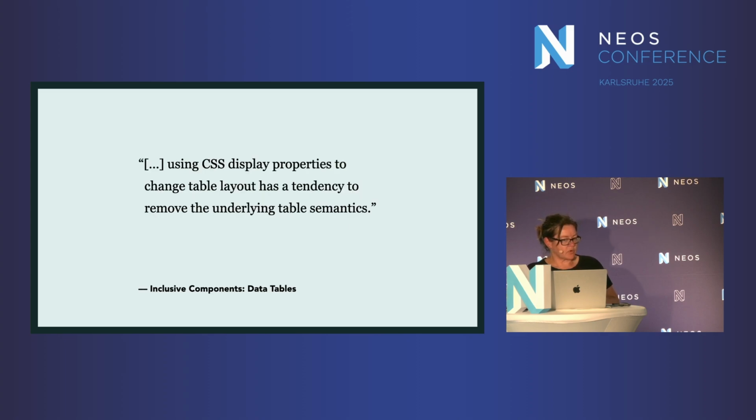Using CSS display properties to change a table layout has a tendency to remove the underlying semantics and thereby make it impossible for people with assistive technology to properly navigate through the table. They have to go through each and every cell or skip the content entirely, and then it's lost. Lost for them. They will not get informed about it.